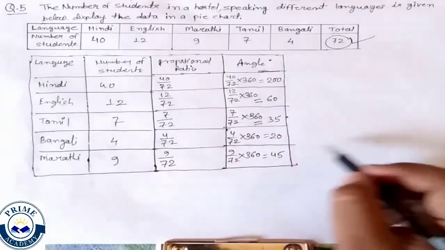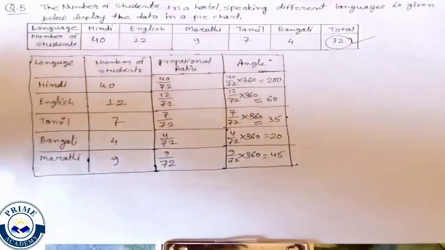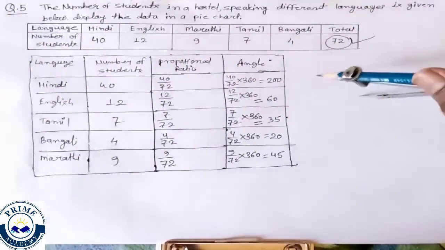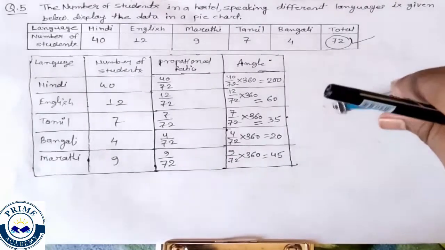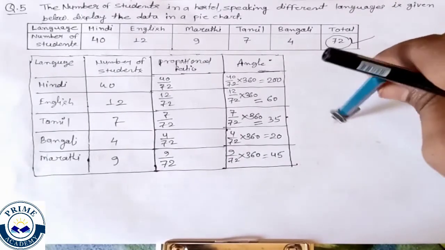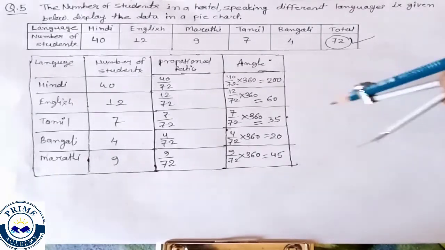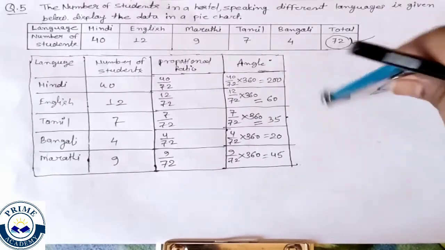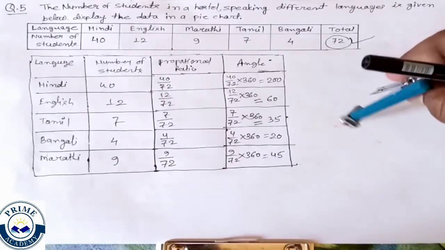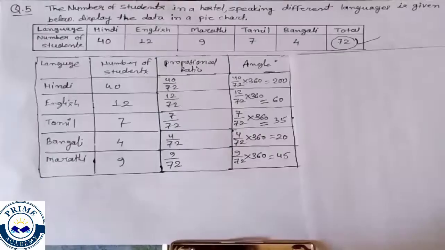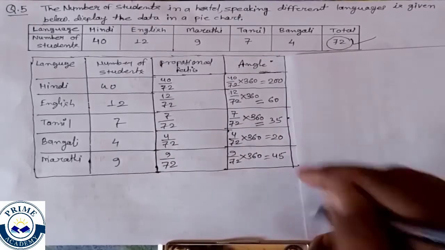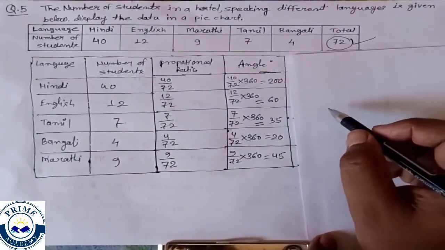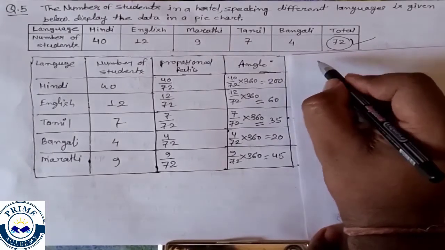Now again we have to make the pie chart. So with the help of this, you have to make a circle over here, right? But I am making it freehand, but you have to make it with the help of this. You can take any size. After completing this table, you have to make a pie chart. So let's start the pie chart.